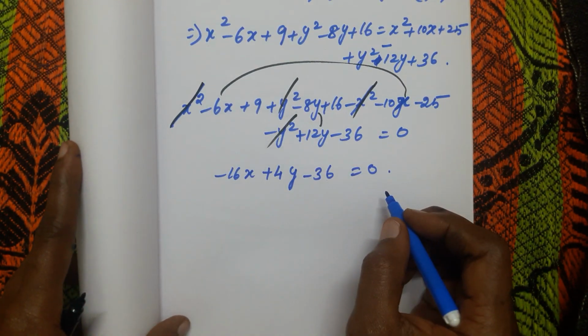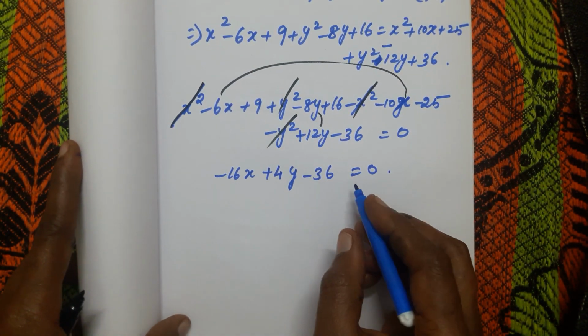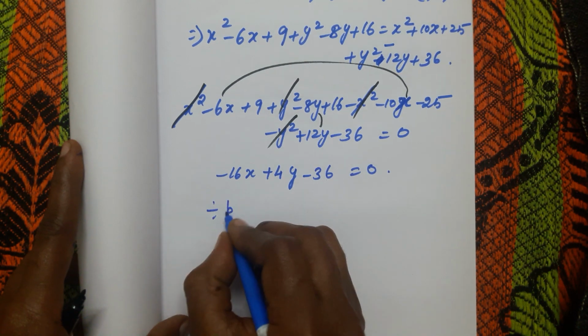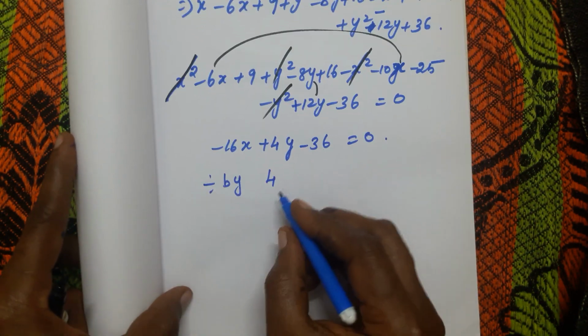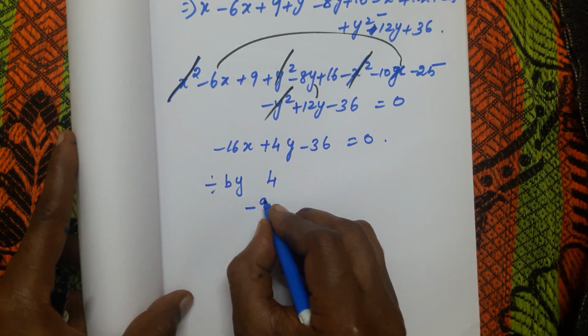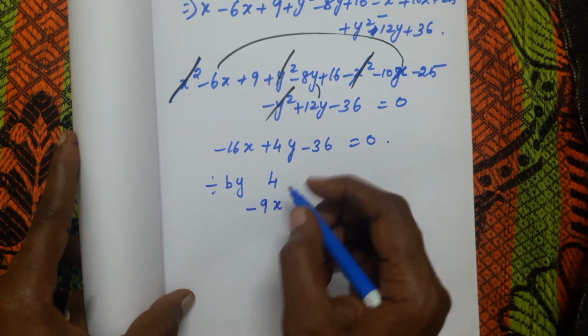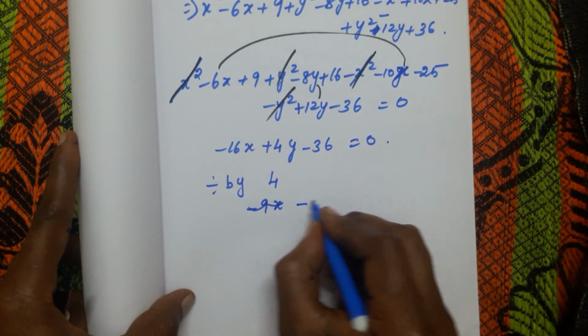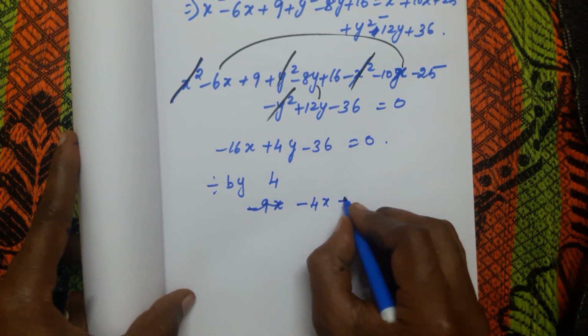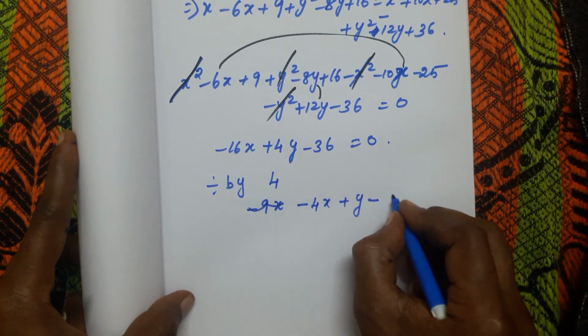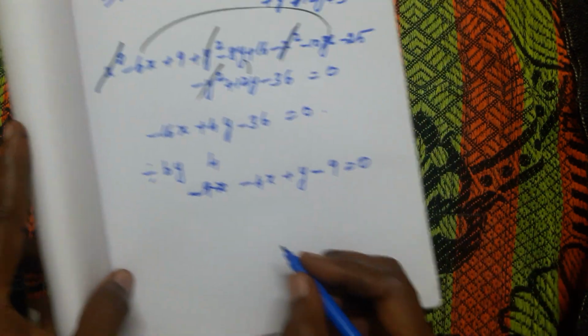Everything we can divide by which number? Dividing by 4, what will we get? Minus 4x plus y minus 9 is equal to 0.